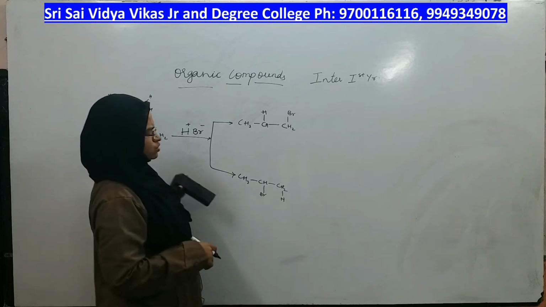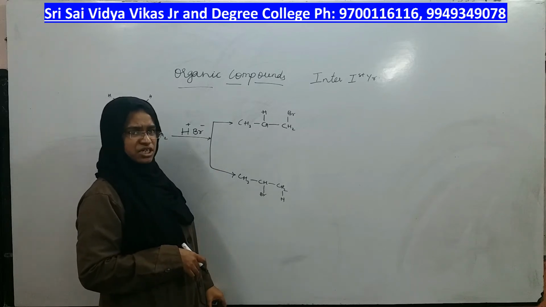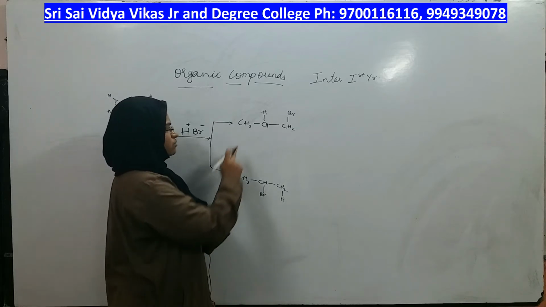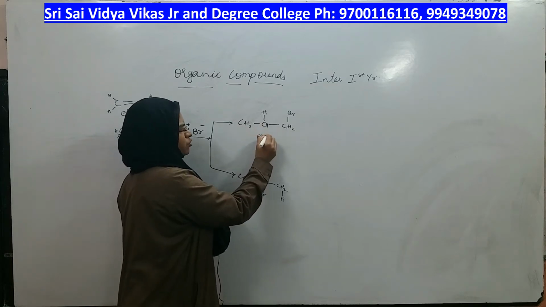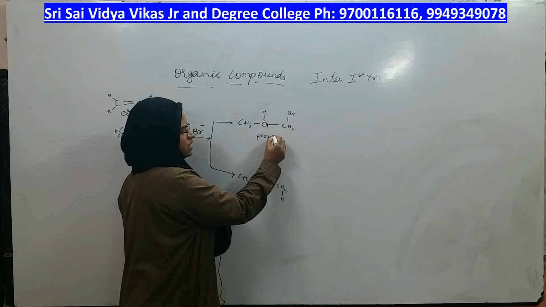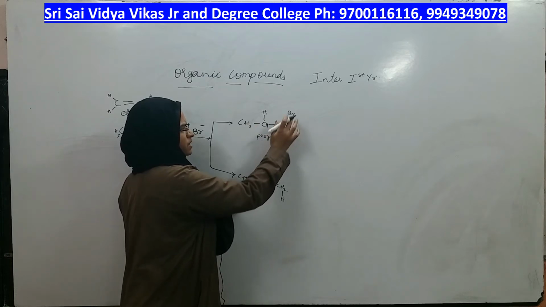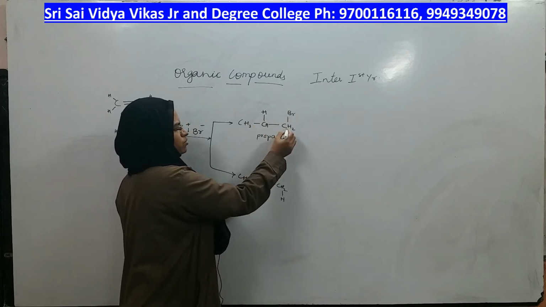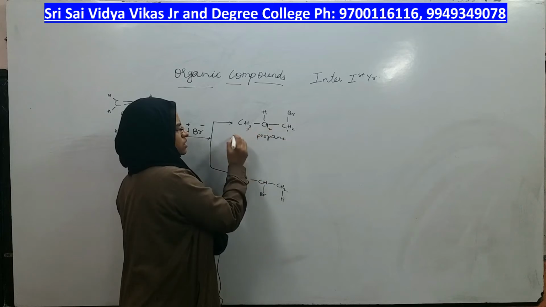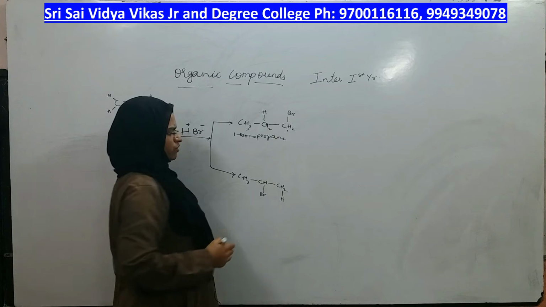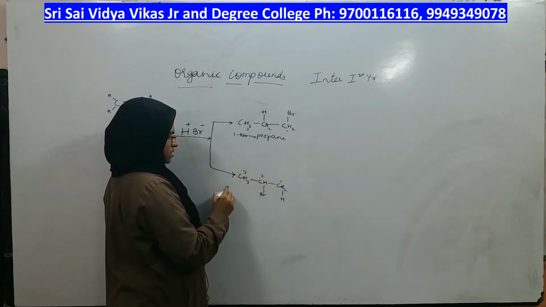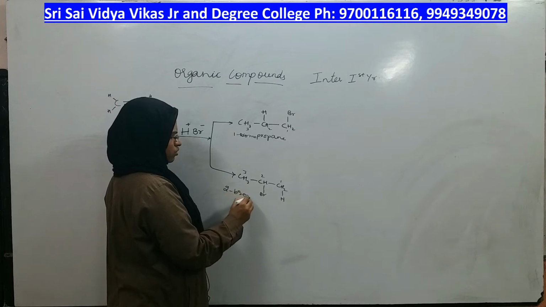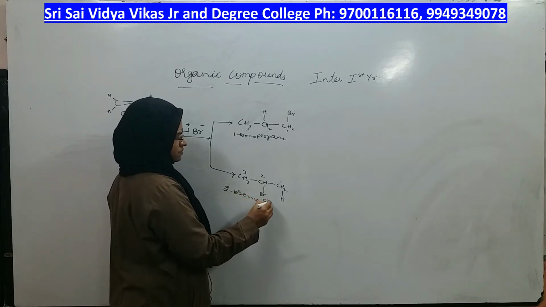What is the name of these two compounds? 1, 2, 3. Prop. Any double bond? No, all are single bonds. Propane. On propane there is a bromo group. Where is the bromo group? 1, 2, 3. So 1-bromopropane is the name of the first product. How about the second product? 1, 2, 3. The second product is 2-bromopropane.